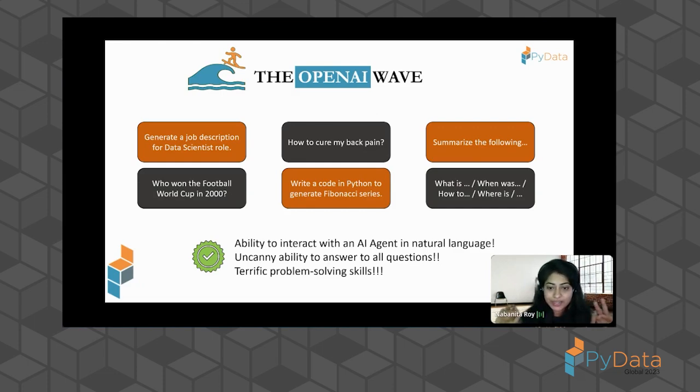But what ChatGPT or OpenAI did is that it gave it an interface and opened it up for people to start using, of course to their own benefit, because they were using the feedback they were getting from these people who were testing it. But the ability to interact with an AI agent in normal language was a massive plus factor for why ChatGPT particularly became so popular.